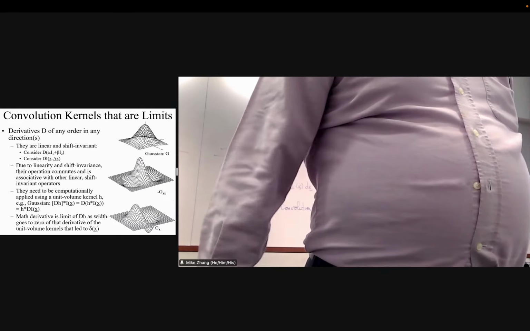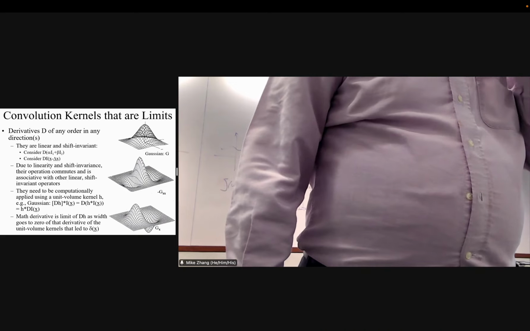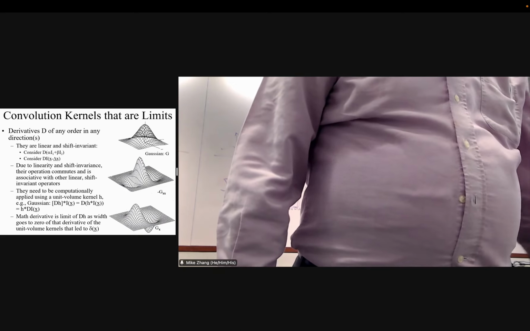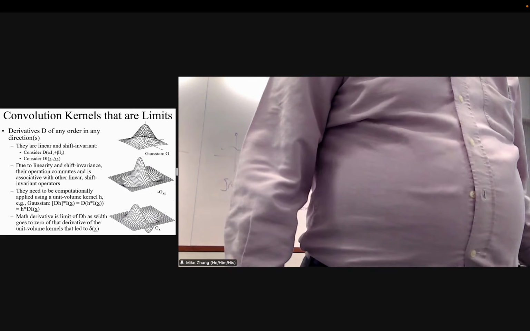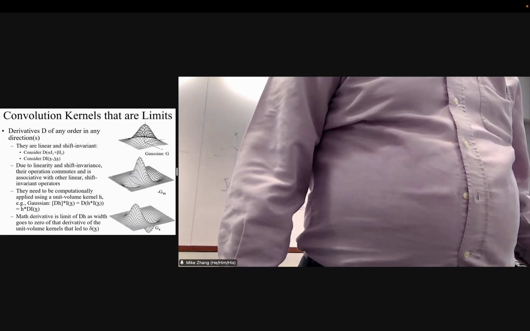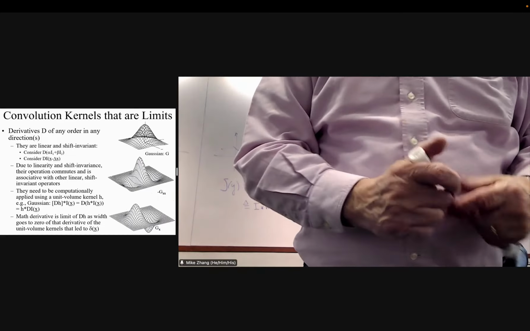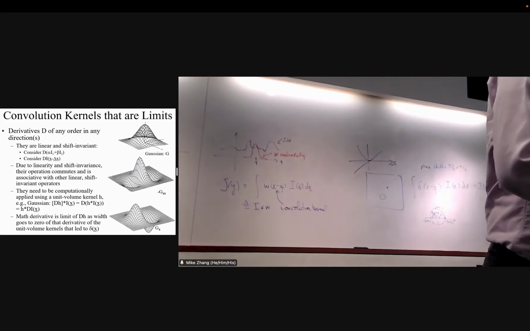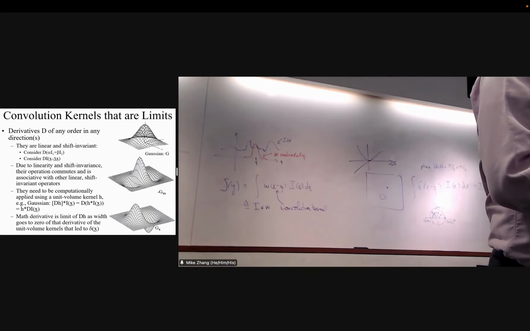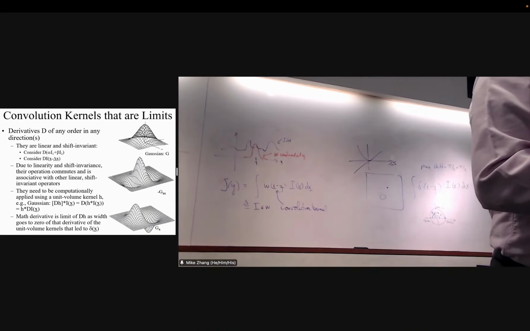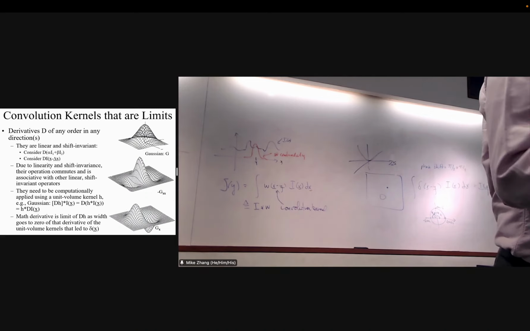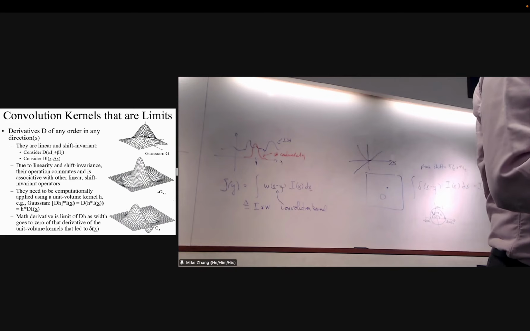Or if you have a third derivative, directional, in u1, u2, u3, yep, shift invariant linear. We can build it in the frequency domain. We can build all those tensor elements that we talked about for any order derivative in the frequency domain. And then any linear combination of them works.